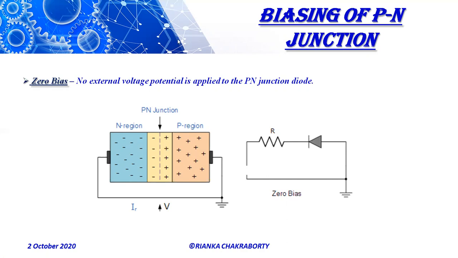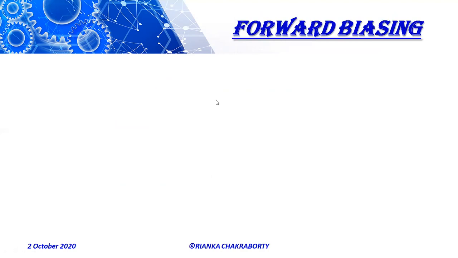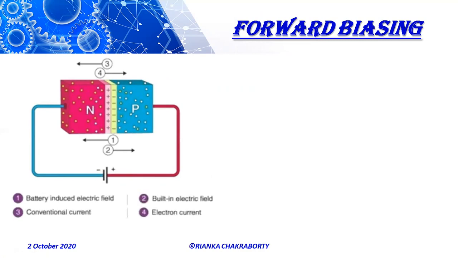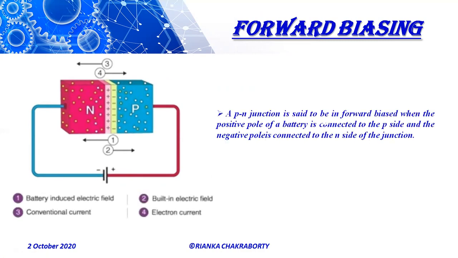The next one is the forward biasing. A PN junction is said to be forward biased when the positive pole of a battery is connected to the P side and the negative pole is connected to the N side of the junction.